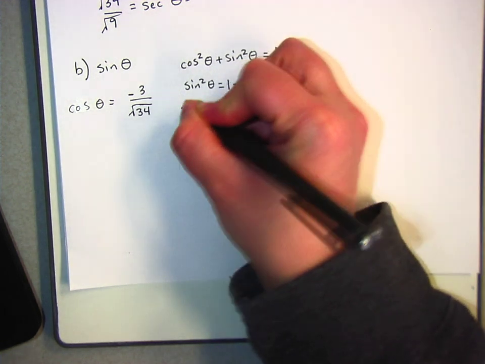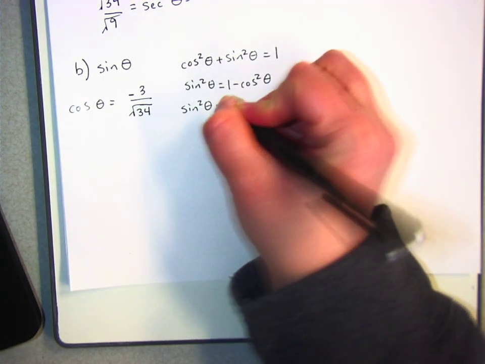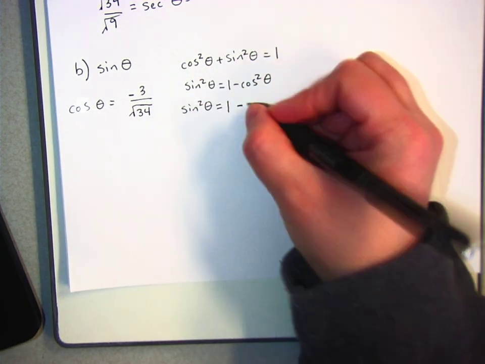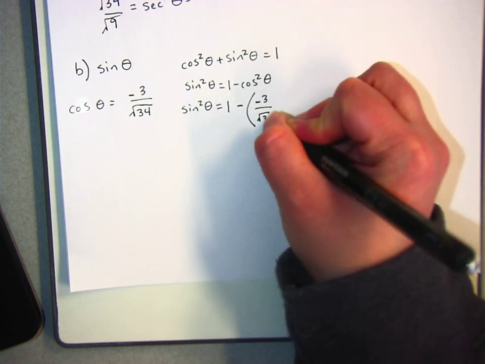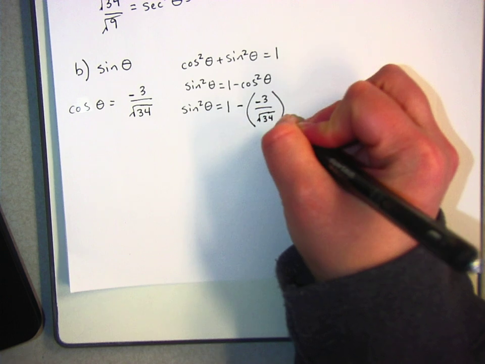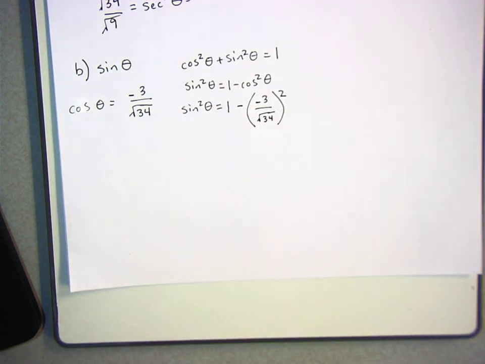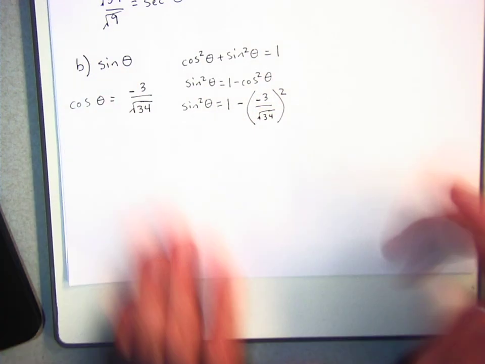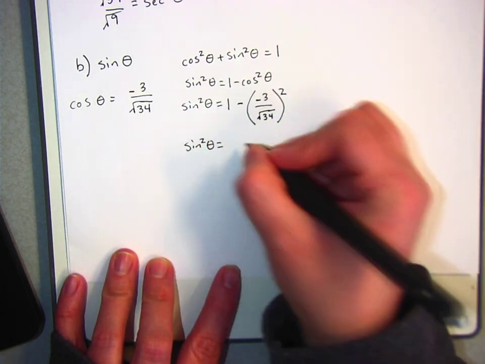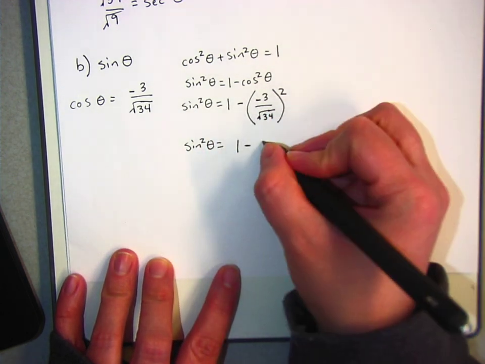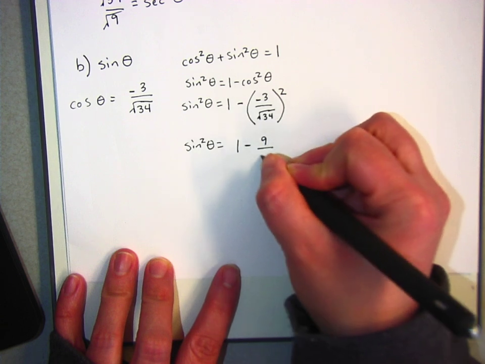So sine squared theta equals 1 minus, and then I'm going to square -3 over the square root of 34, like that. Which means sine squared theta equals, let's see, 1 minus what? 9 over 34.